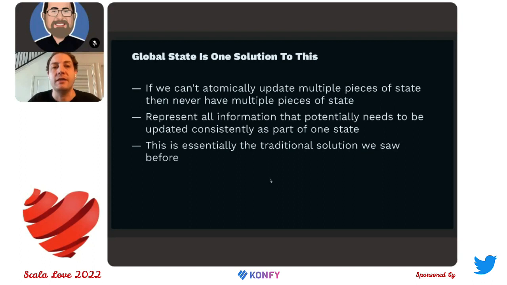And so one way to think about that traditional solution that I walked us through at the beginning of this talk is it's essentially saying, well, okay, if we can't atomically update multiple pieces of state, then we can just never allow multiple pieces of state to exist when we care about some consistency between them. And so that leads us immediately to, okay, we need to represent all the information that's potentially relevant to what we're doing as part of one piece of state that is part of one ref.